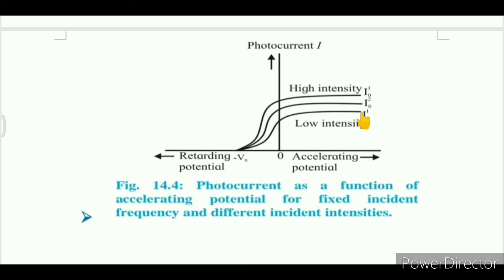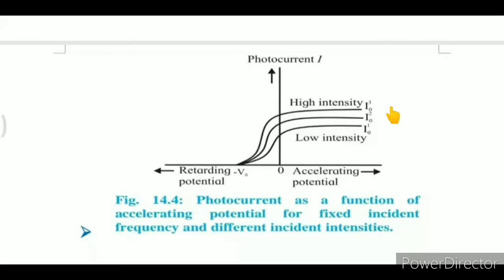We get this saturation current because all the emitted electrons are collected by plate C, that is the collector plate. Now, in the graph, you can see different values of intensities have been taken, and hence the photoelectric current is observed there.